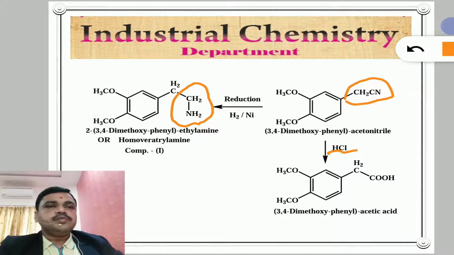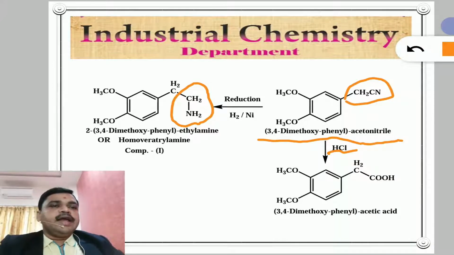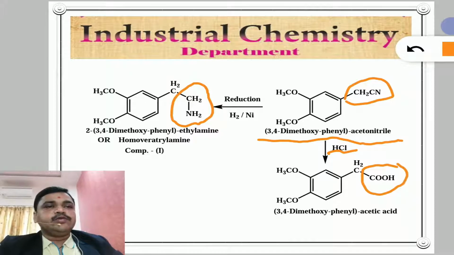So 3,4-dimethoxyphenyl acetonitrile is converted into 3,4-dimethoxyphenyl acetic acid. Here see the CN is converted into COOH.